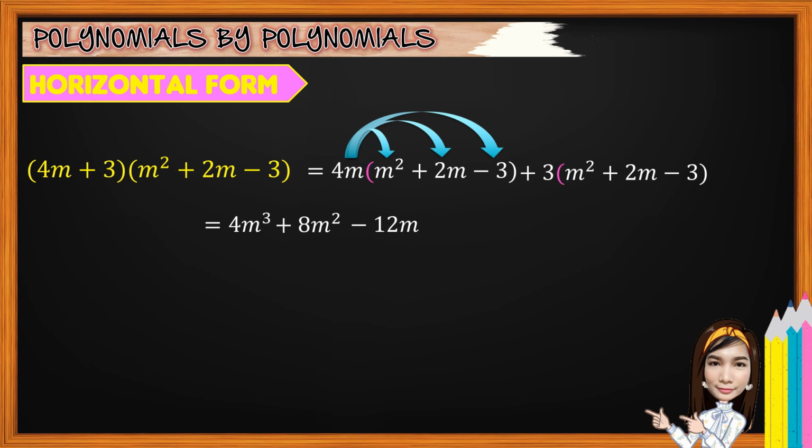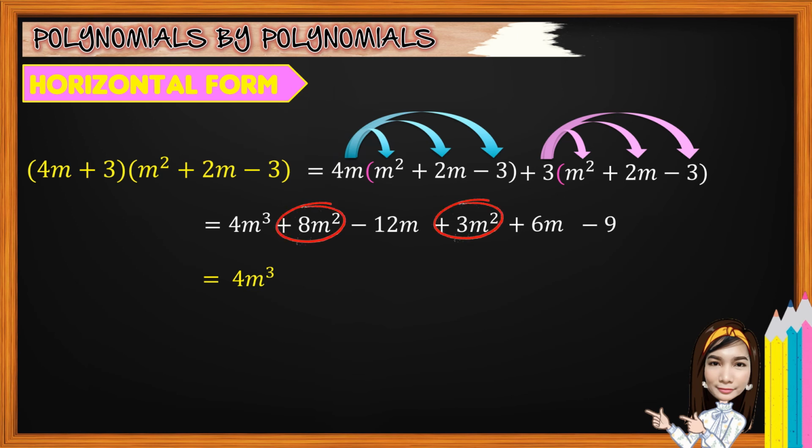Then, distribute the second term 3 to each term of the trinomial. So, 3 times m squared is equal to 3m squared. 3 times the second term 2m is equal to 6m. Then, 3 times the third term negative 3 is equal to negative 9. Then, combine similar terms. So, we just copy 4m cubed.